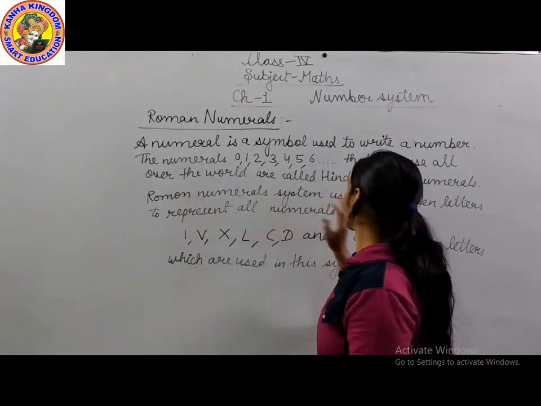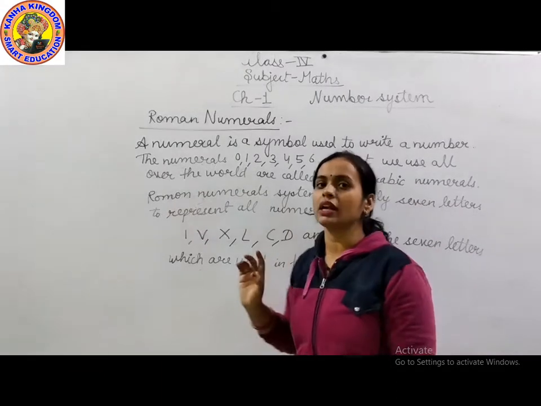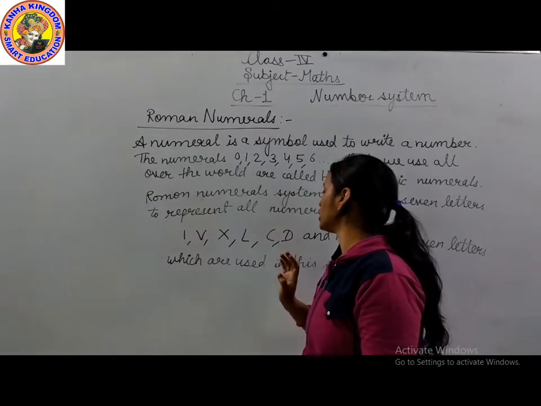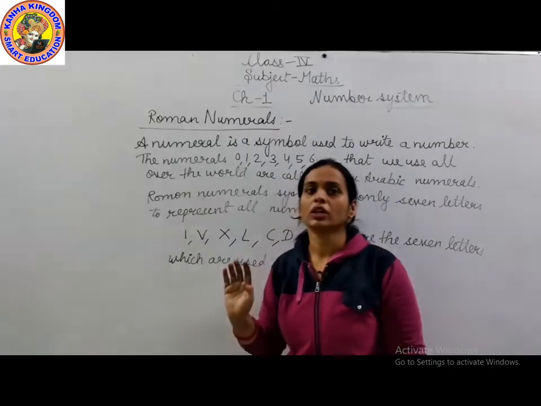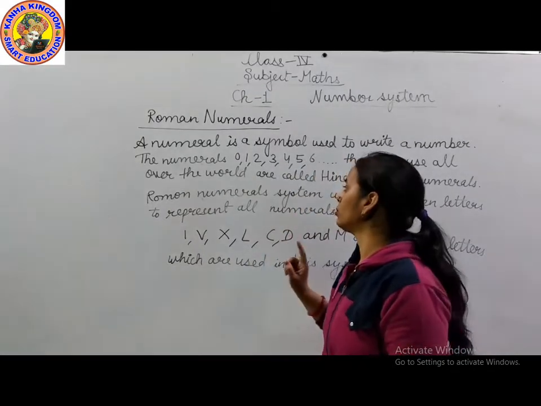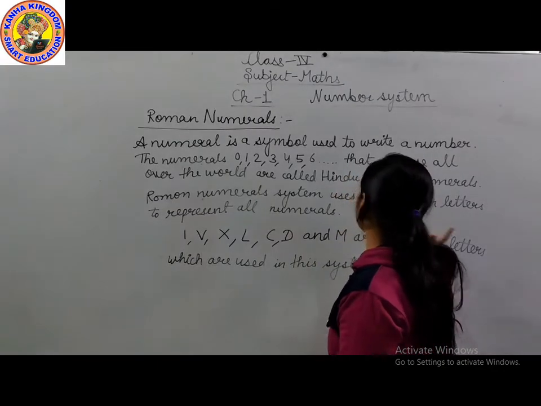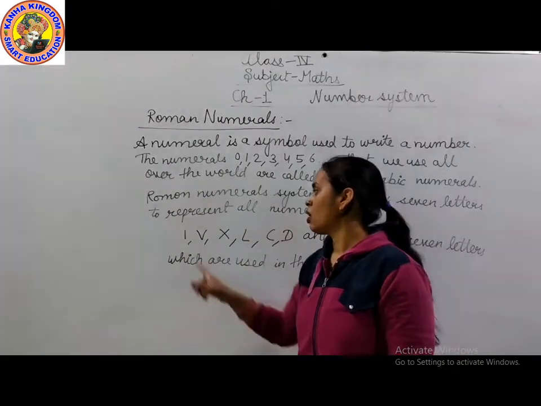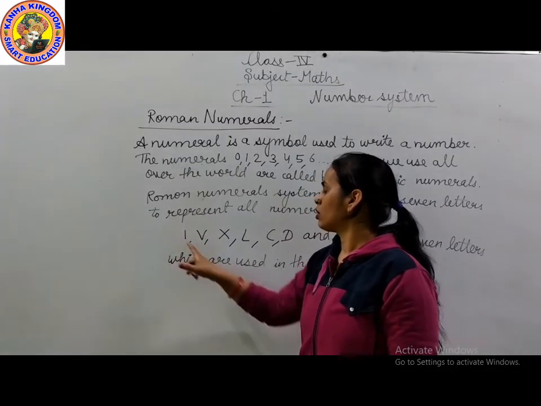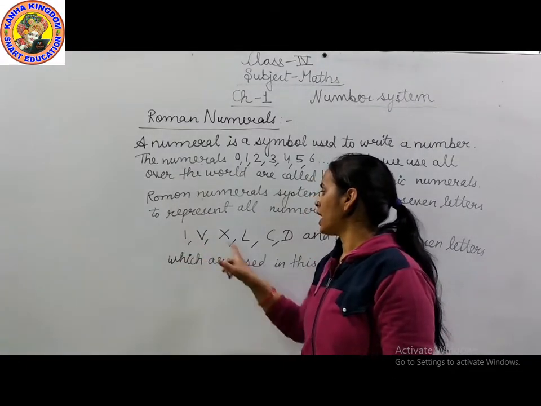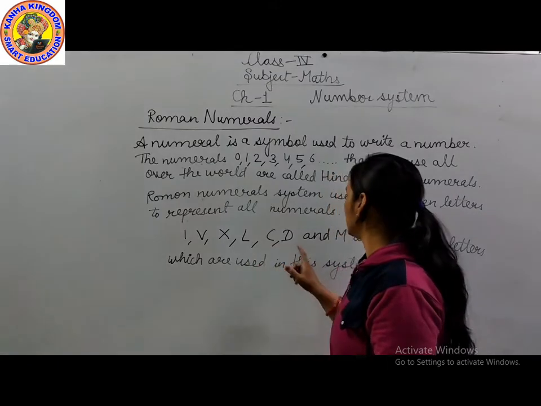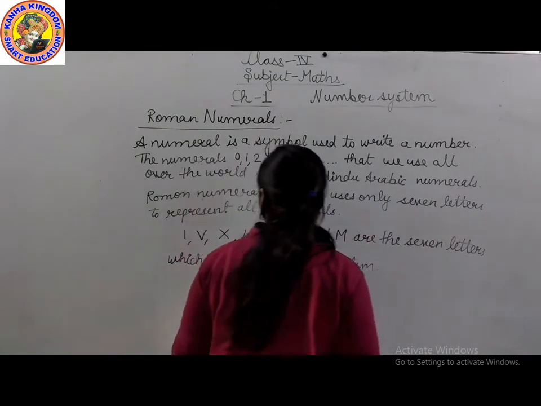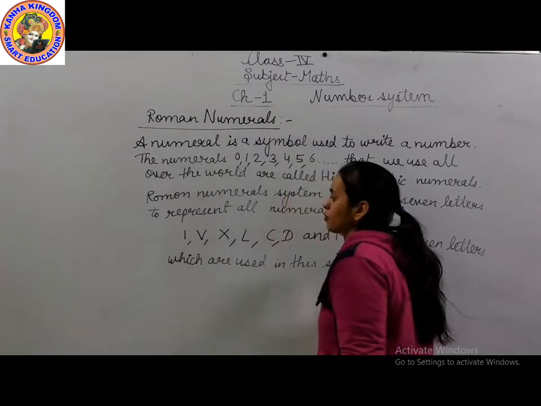The Roman numeral system uses only 7 letters to represent all numbers. I, V, X, L, C, D, M. These are the 7 letters which are used in this system.